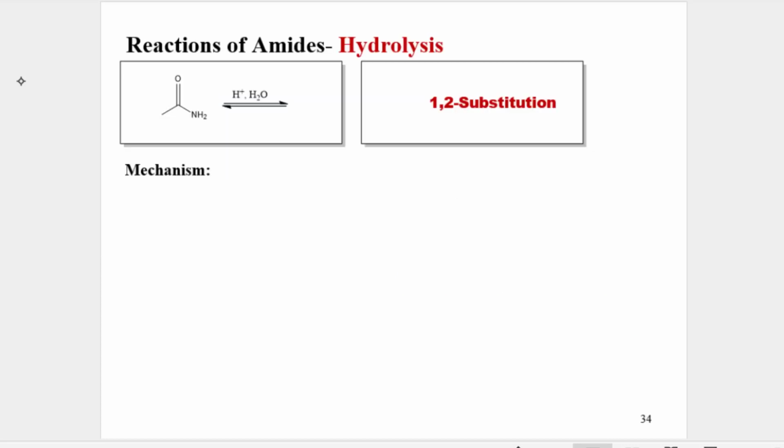Okay, well, we're only going to cover a couple reactions because, if you'll notice, a lot of the chemistry of amides we've already covered. These 1,2 substitution reactions, many of them tend to be reversible, if what you're putting on is something that could be taken off just as easily. A nitrogen exchanging for an oxygen, an oxygen exchanging for another oxygen, an oxygen exchanging for a nitrogen.